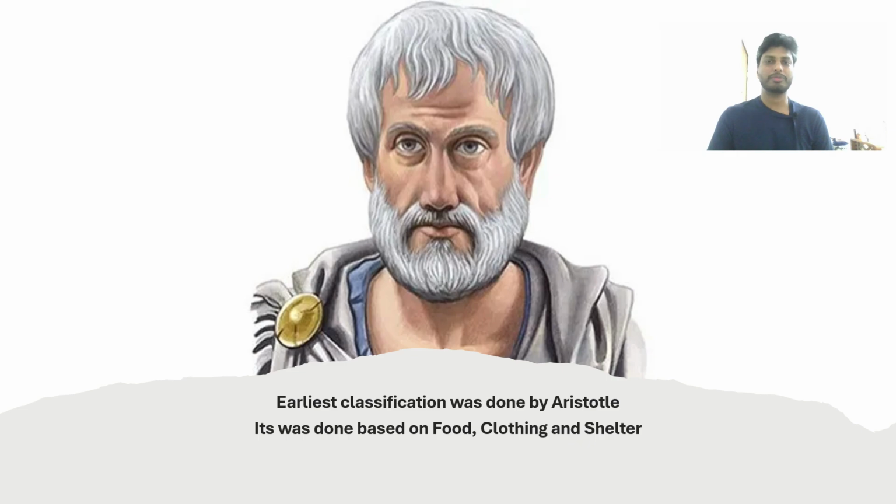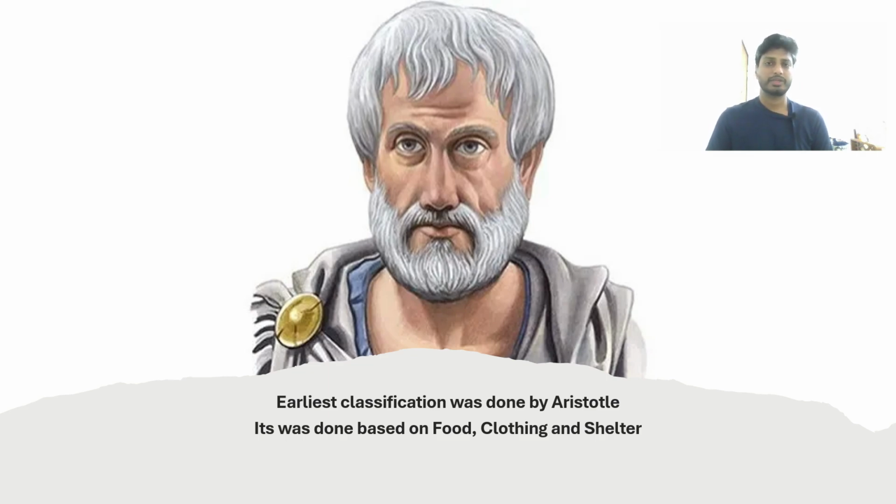So dear students, you all must be wondering who exactly started the classification. There must be a question in your mind: how did this classification of organisms start? So let me tell you that the very first scientist, or we can also call him a great Greek philosopher, was the great Aristotle.